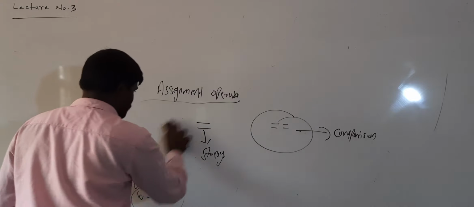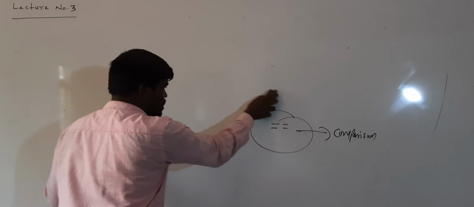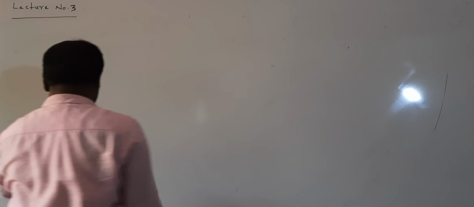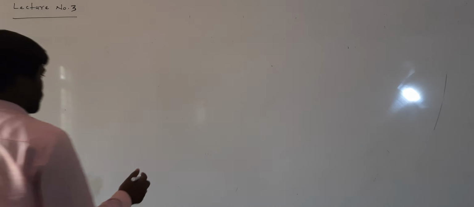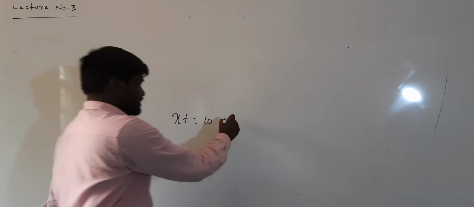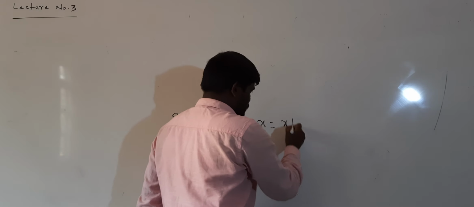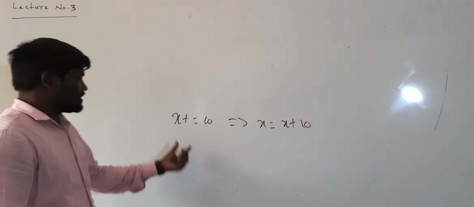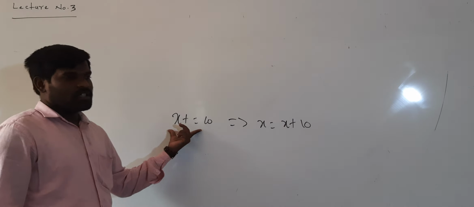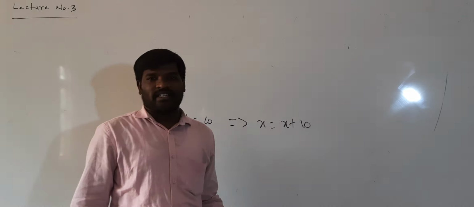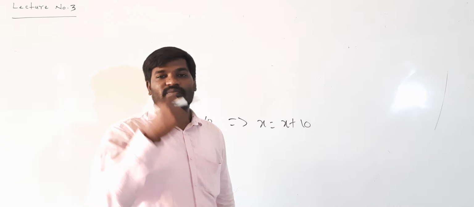Next is shorthand operators. Shorthand operator means it is the simplest or shortcut form. For example, x += 10. It is equal to x = x + 10. See here, whatever expression you have to write can be written in shortcut form.